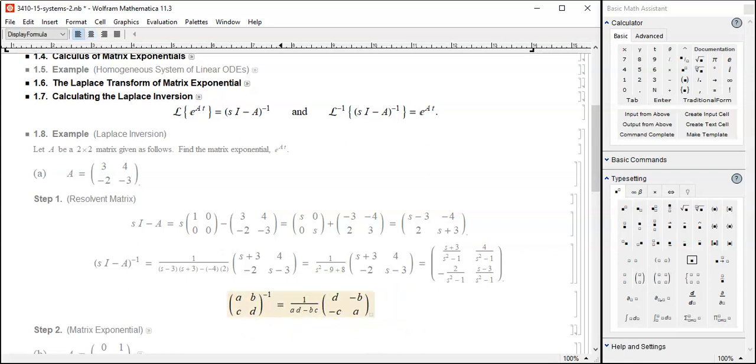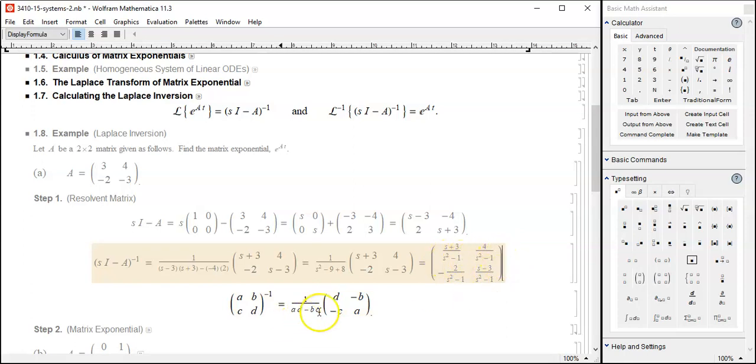And there goes the inverse formula for a 2 by 2 matrix. Of course, if the determinant becomes 0, then the matrix is not invertible. That's basically what I did here, and that's how I got this denominator. It's coming from this determinant out here.